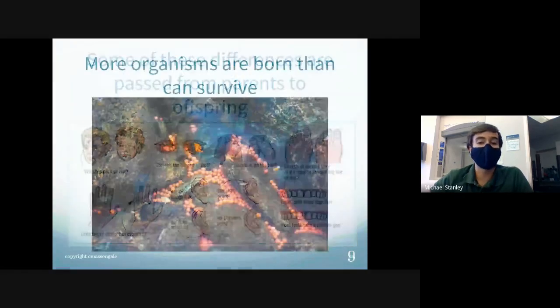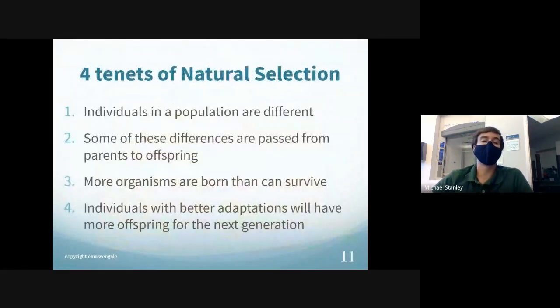We talked about 4 things that are needed in order for natural selection to occur. The 4 tenets is what we called them. You have to have different individuals in a population, so not everybody can be an exact clone of each other. Those differences have to be able to be passed from the parents to the offspring, so it has to be something that can be inherited. More organisms are born than can survive, so there's going to be some sort of struggle for survival, and not everybody is going to make it.